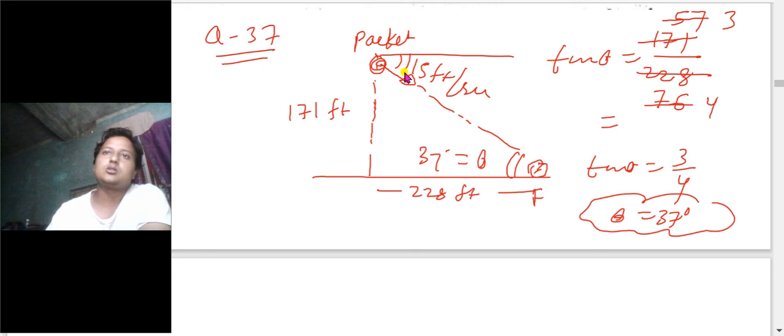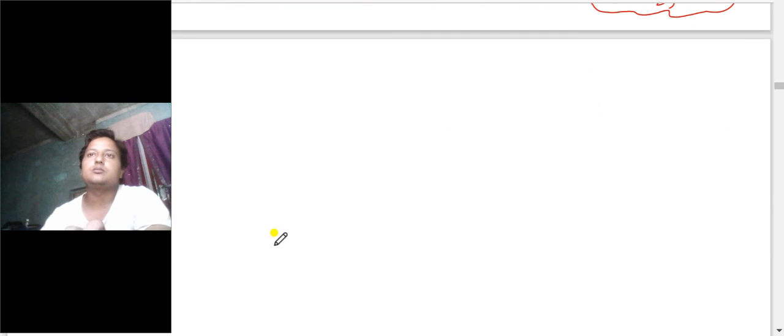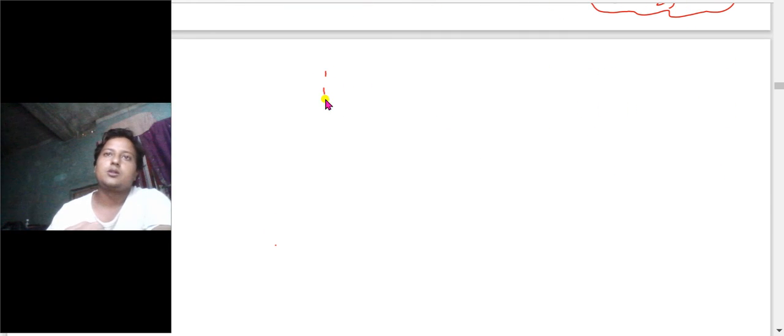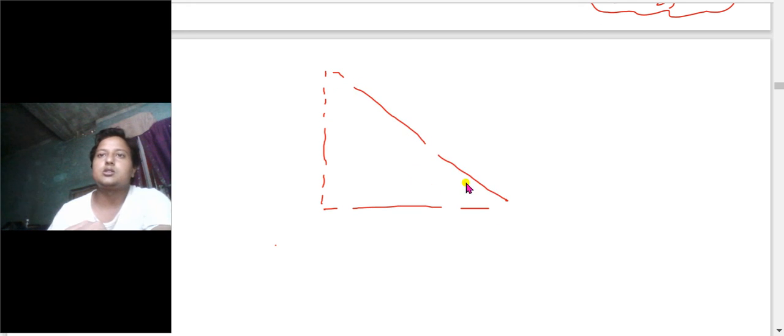So this angle is also 37 degree. So we have the following results. This angle is 37. This angle is also 37. Here the speed is 15 feet per second.